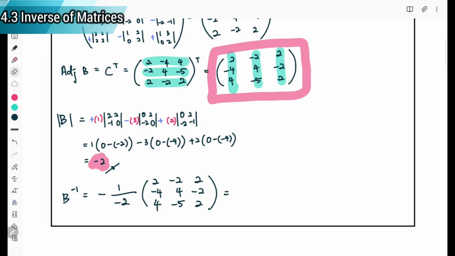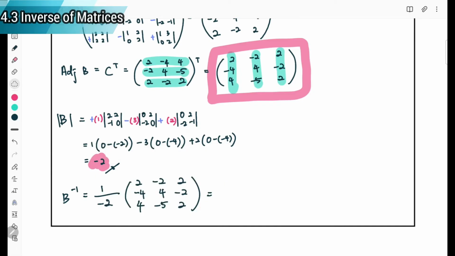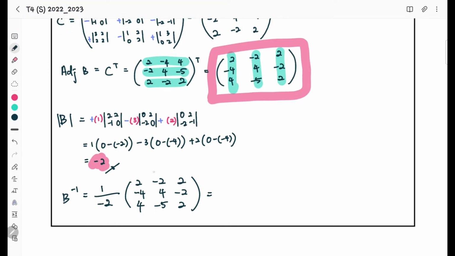I'm sorry, I made a mistake here. There's no negative in the formula. The negative comes from the determinant, so 1 over negative 2. Then we just need to multiply everything in the adjoint by 1 over negative 2. You get this, then this one, next one.